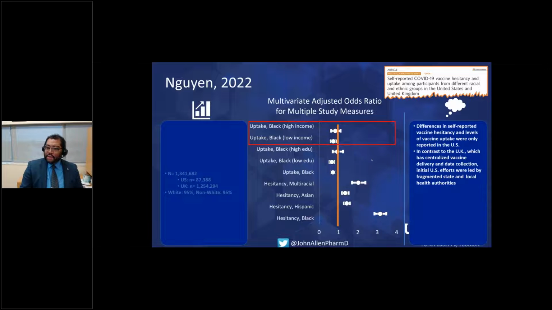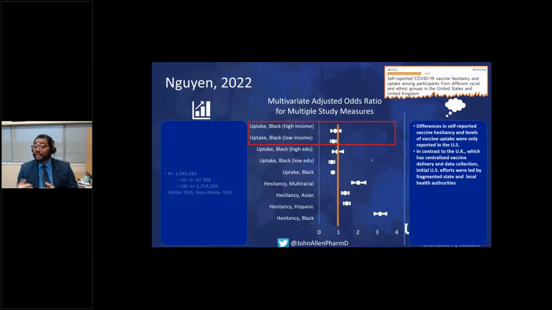So what does that mean? That tells us, and the literature tells us based on this study, that the differences in self-reported vaccine hesitancy as well as these uptake differences were only reported in the United States. Actually, in the UK, there were no differences in uptake or hesitancy among different populations.